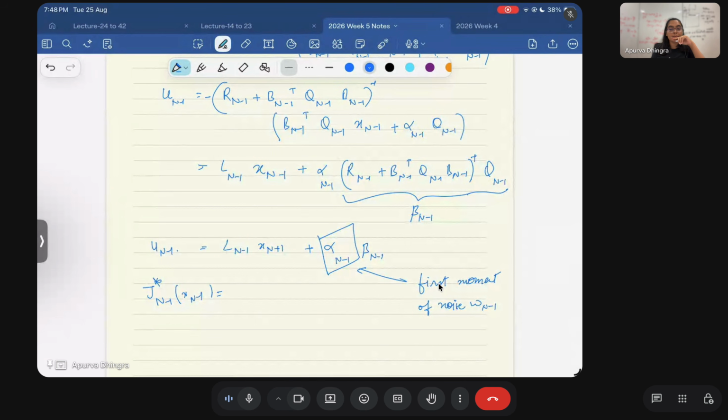Okay, and that is nothing but an offset, that's it. That offset is not something that depends on x, and is a scalar, it's not a random quantity anymore.